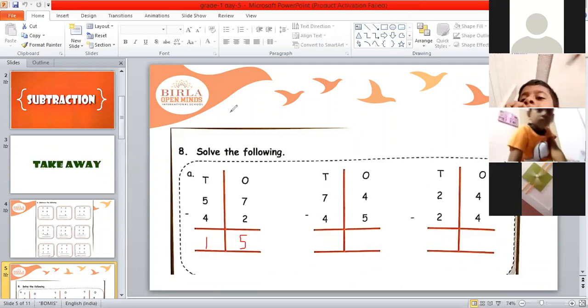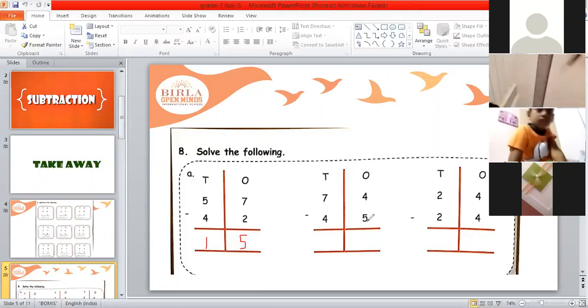So now children, this question is different from the questions which we did till now. Till now, in all the questions we have solved, the first number was always greater than the second number, right?